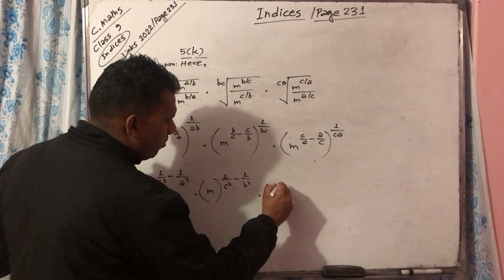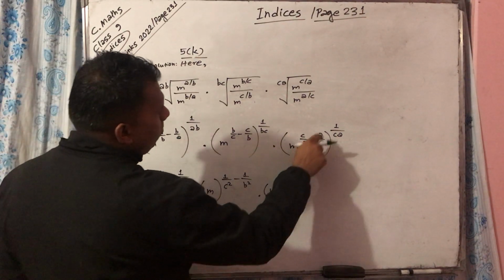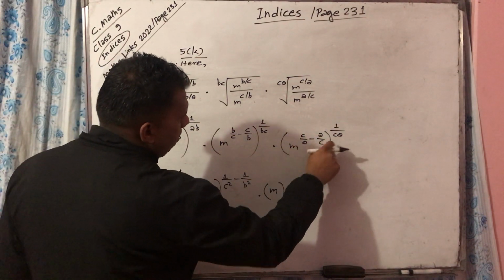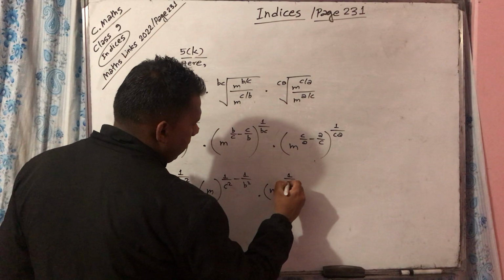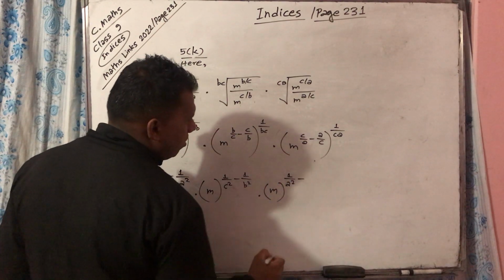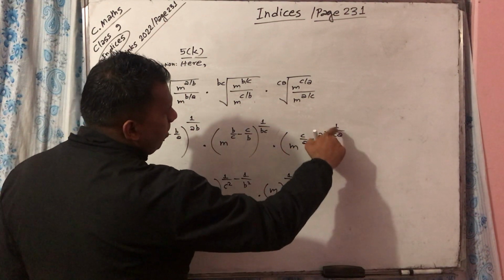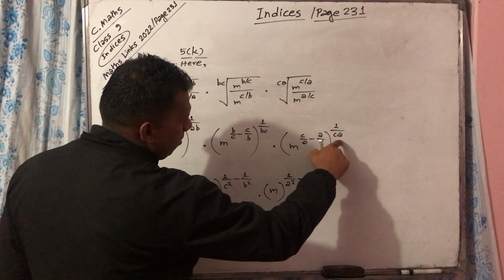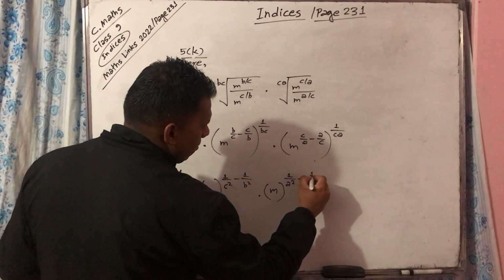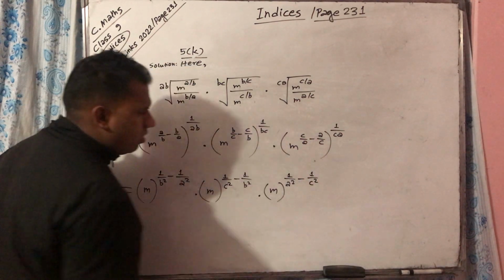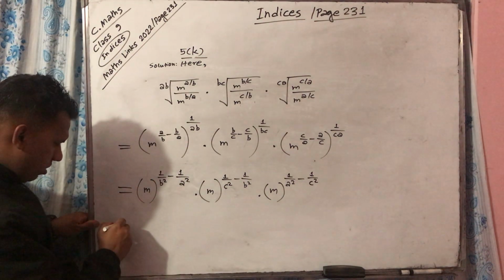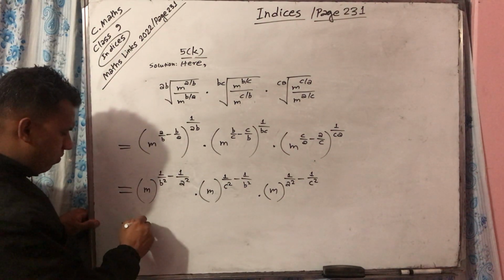In the third, m to the power c by a into 1 by ca. C cancel, a into a square. 1 by a square. Minus a by c into 1 by ca. A cancel, c into c square. So 1 by c square. So this is equal to, bases same, power can be added.